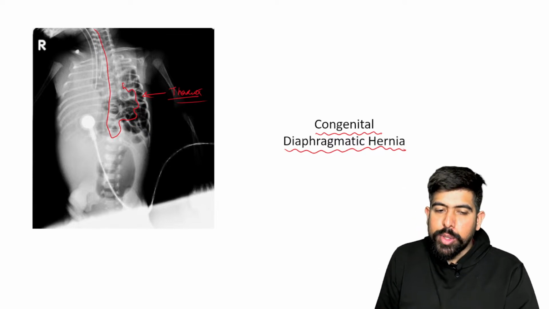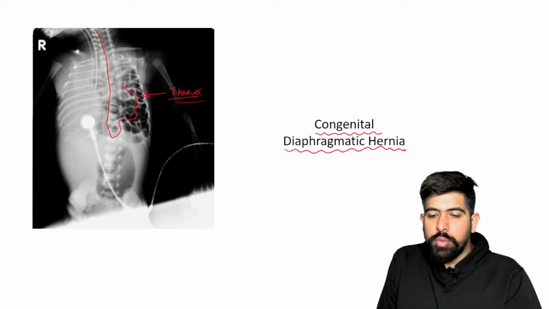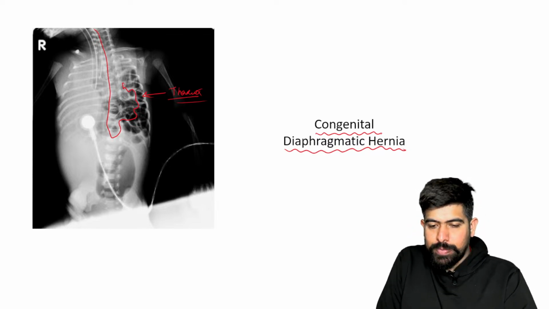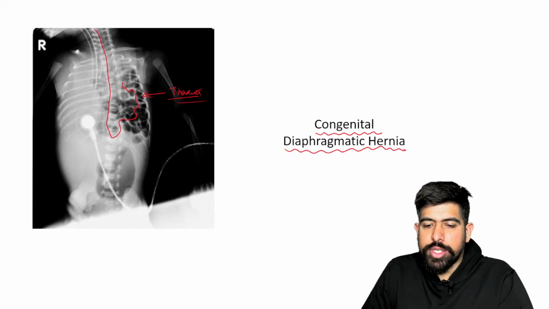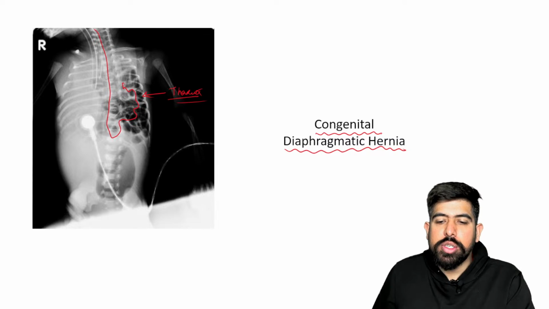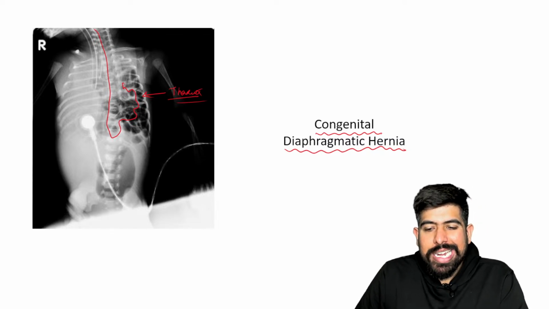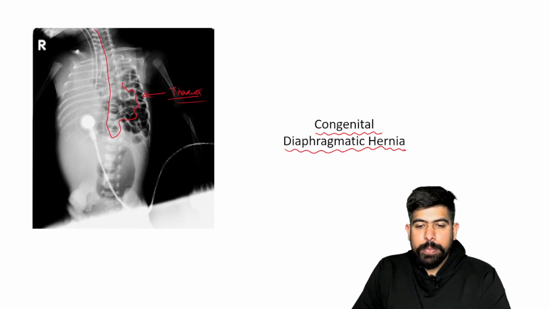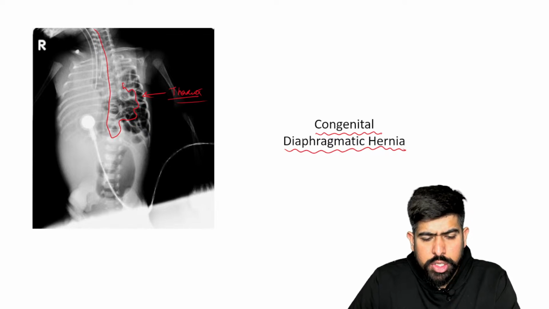Yes, intestinal loops will also be seen on the erect abdominal X-ray. When we pass the NG tube in this newborn, it will not go into the abdominal cavity; it will reach into the thoracic cavity.